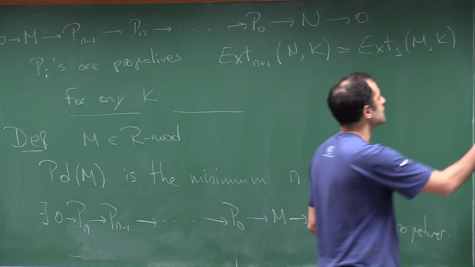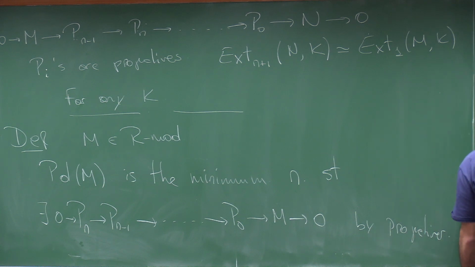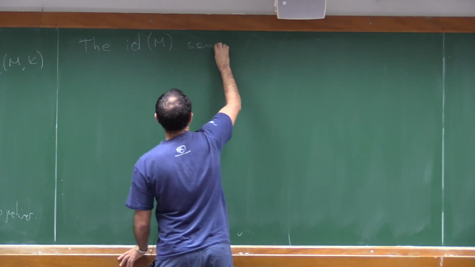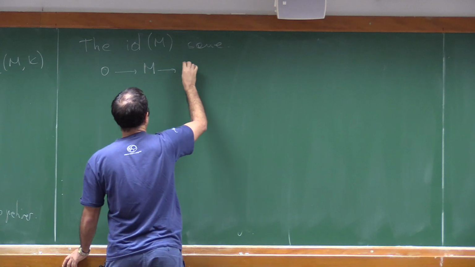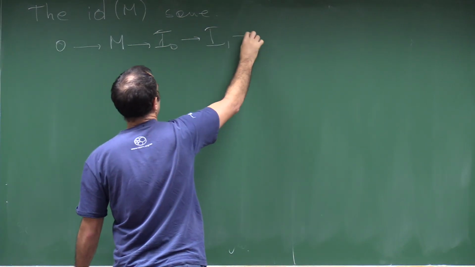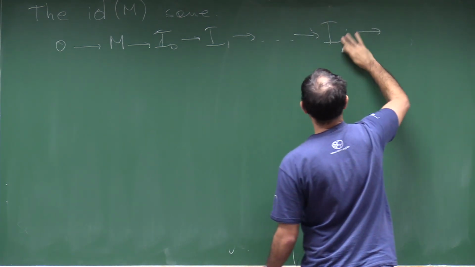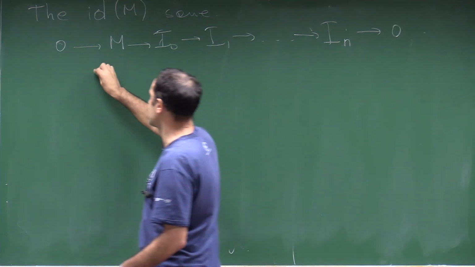The injective dimension of M is the same for injectives. So you take 0 to M to I_0 to I_1 to ... to I_n to 0, where the I's are injectives.